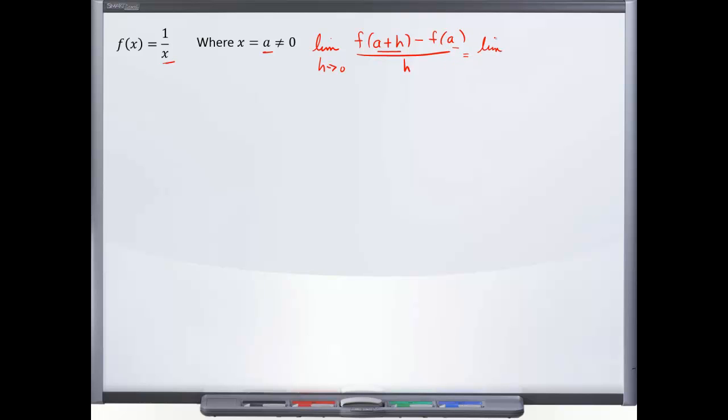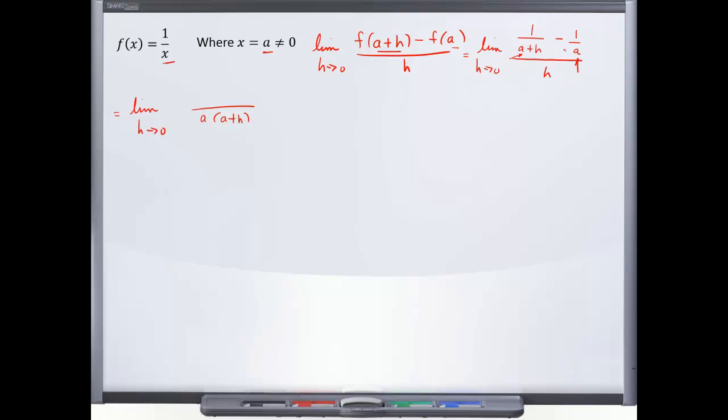So I get the limit as h goes to 0 of 1 over a plus h minus 1 over a, all over h. Alright, I know it looks kind of scary with all those fractions, but what I'm going to do is make one fraction. Remember, to do that we've got to get a least common denominator, and I can do that by just multiplying those. So my denominator is going to be a times a plus h.